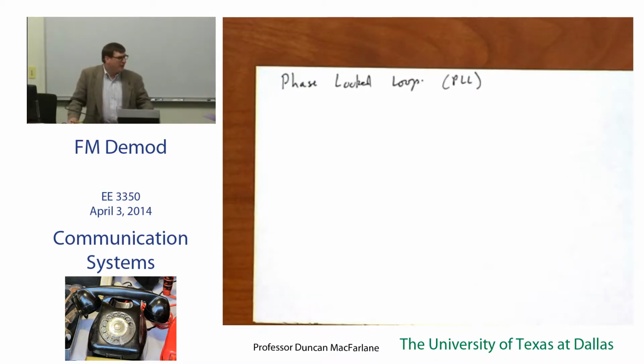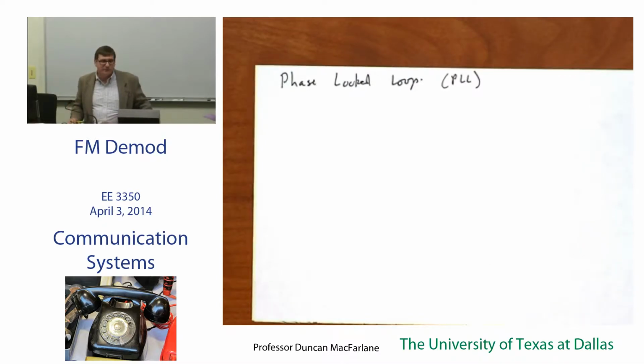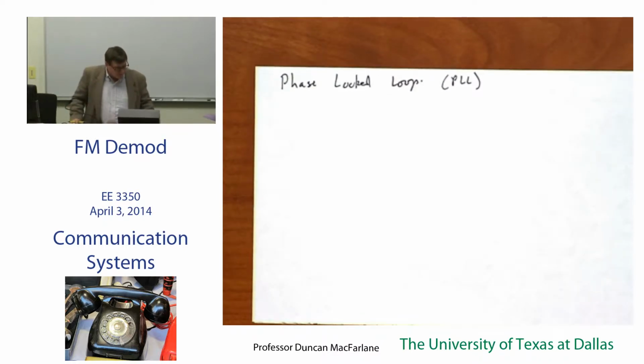Now the book talked a little bit about a phase-locked loop with respect to AM, and I skipped that section. I chose to introduce phase-locked loops here because I think it's a more natural fit, but that's a matter of choice and taste.